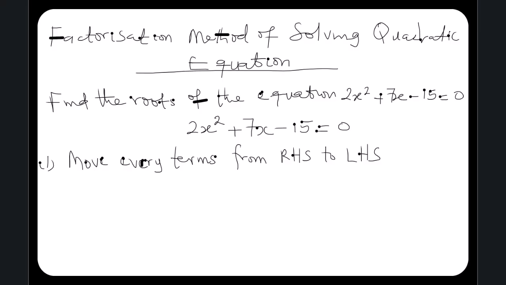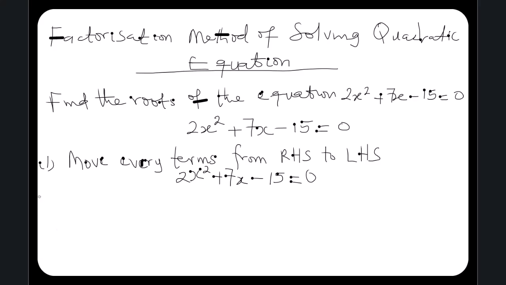So that means your equation must equal 0. If you do that successfully, you must have 2x² plus 7x minus 15 is equal to 0. I said this because the examiner may want to test your knowledge and rearrange your equation in a way that may look confusing. That's why I have to say this.